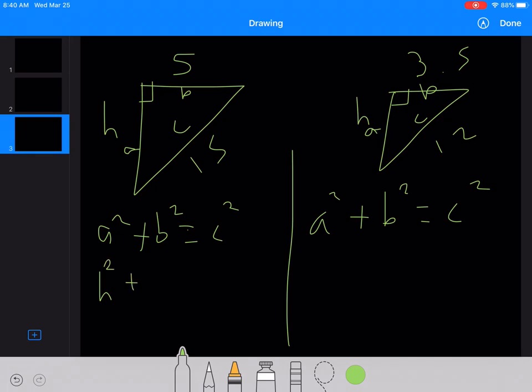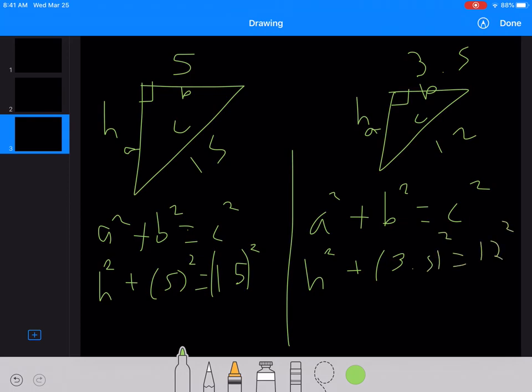B squared, that's 5 squared. And c squared is 15 squared. So h squared plus 5 squared equals 15 squared. On the other one, h squared plus 3.5 squared equals 12 squared.